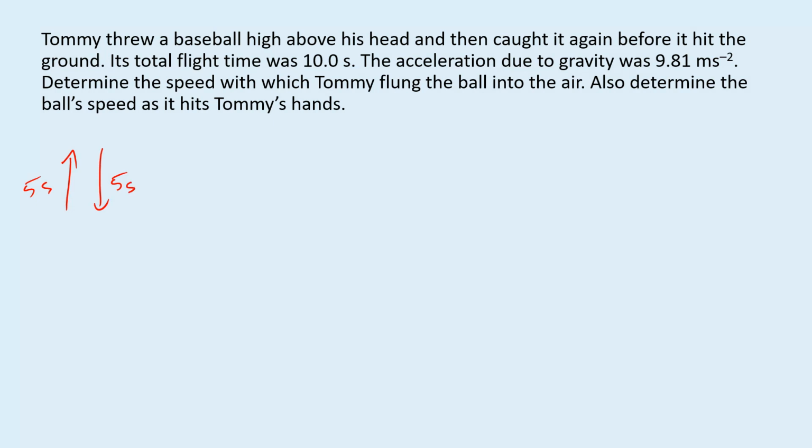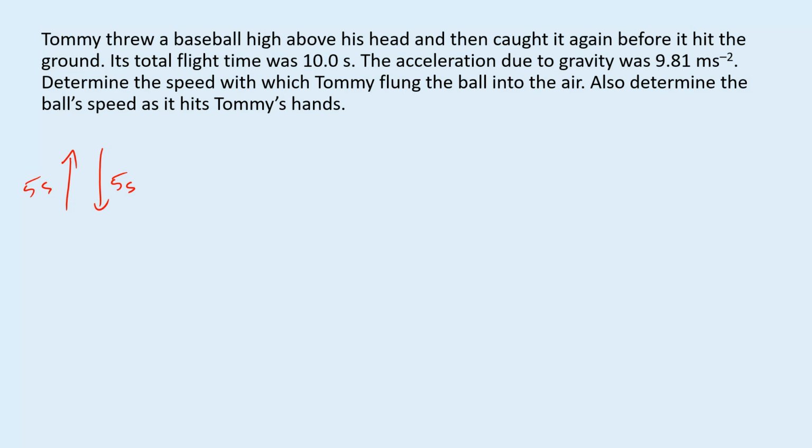And we need to do this because we actually do not have a way to determine directly the speed that the ball left Tommy's hand. What we can do is determine the speed that it hit Tommy's hands. So we can sort of do the second question first. So let's go with that.